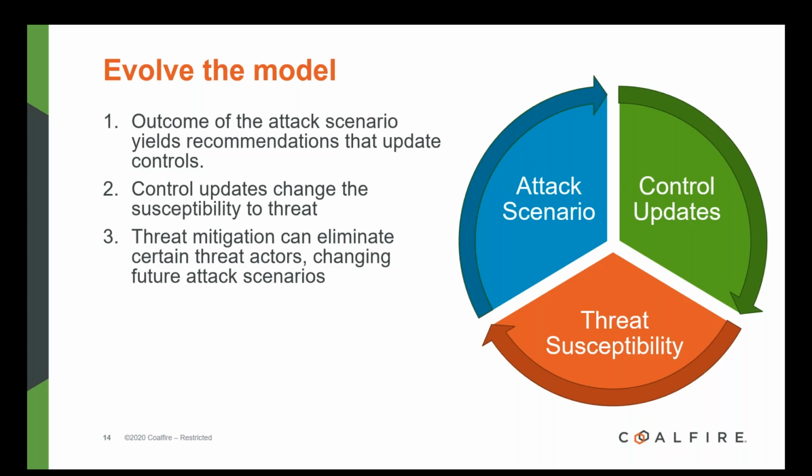So the outcome of the attack scenario yields those control updates. Those control updates change susceptibility to threat. Once you've changed the threat picture and the threat actors, you can update the threat analysis and threat intel within your threat model to be able to highlight or change the future path of those attack simulations as you go. This way, it takes what you've learned from your tests, feeds it back into the system, and helps you become better by evolving your tests over time.